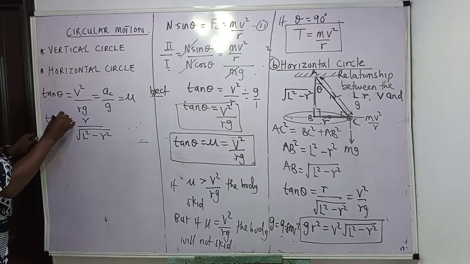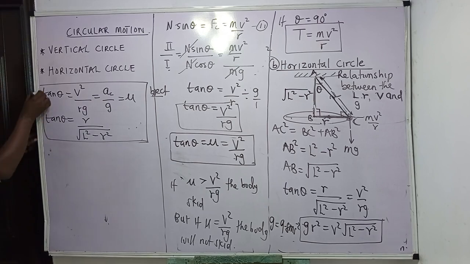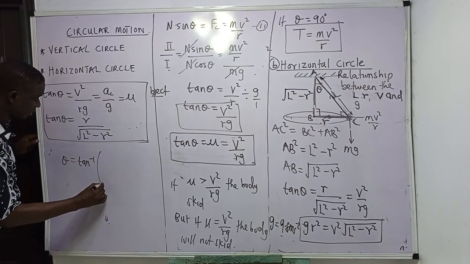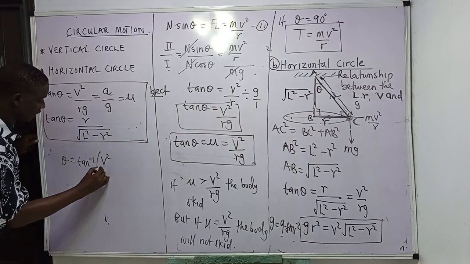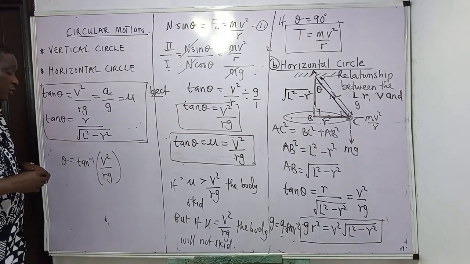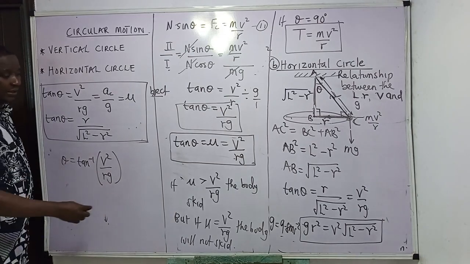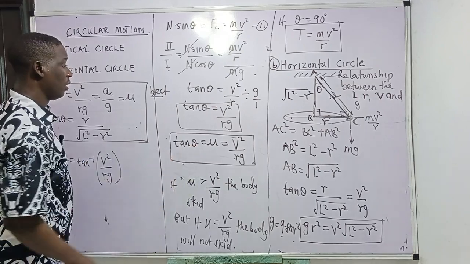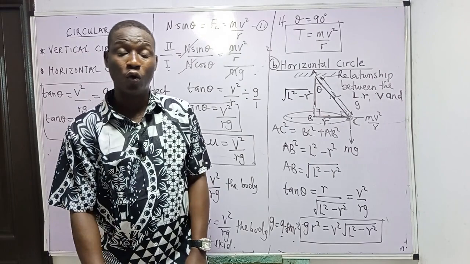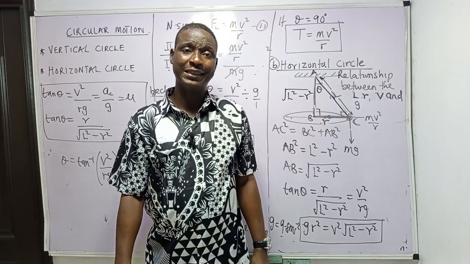So from this formula we can get our theta. Recall that you can solve for your theta as tan inverse of V square over RG. This is the banking angle. We are talking about theta. This theta is what we call banking angle, which is the angle of inclination of the object trying to move around a curve.